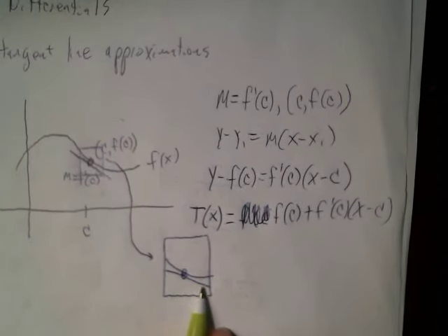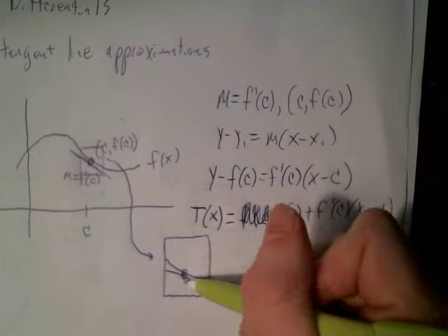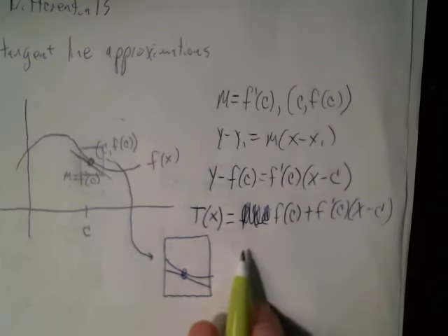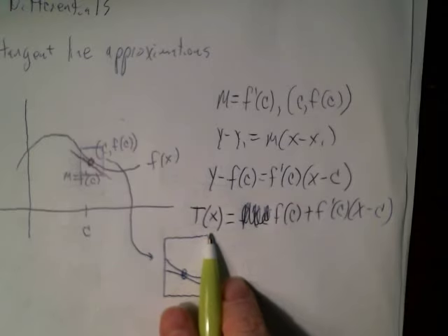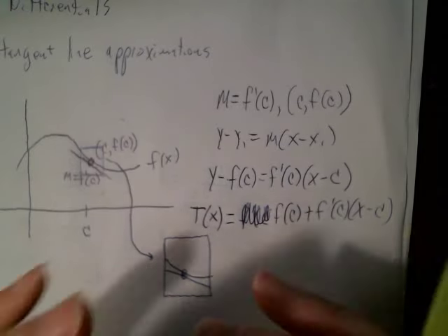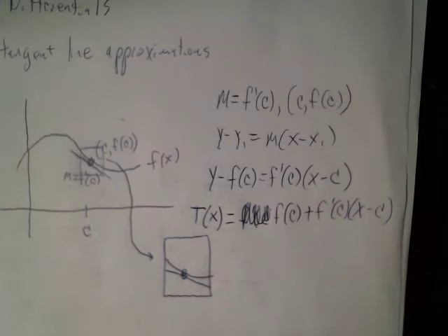The farther you get away from c, though, it becomes worse and worse, of course. But in a small region around here, they're almost exactly the same. So you can almost kind of replace any function that has a derivative with a tangent line if you get close enough to a particular point.